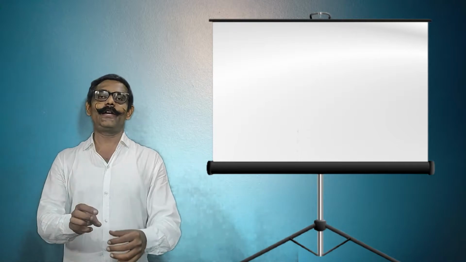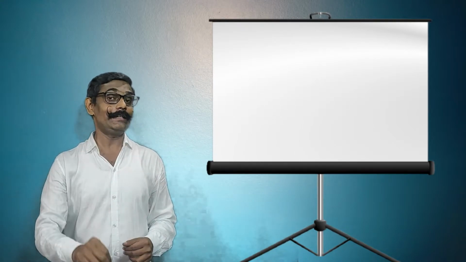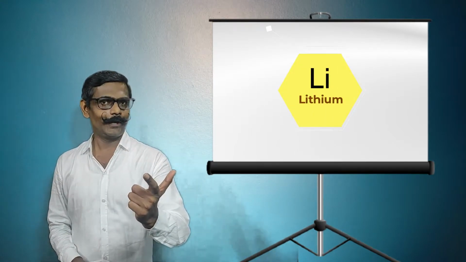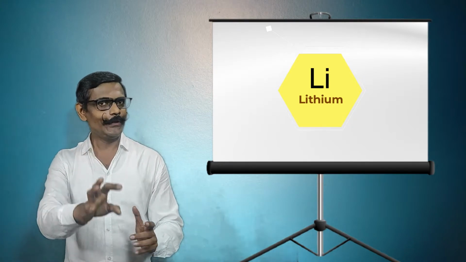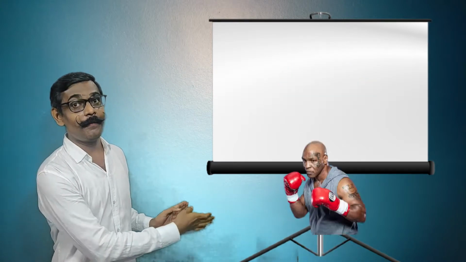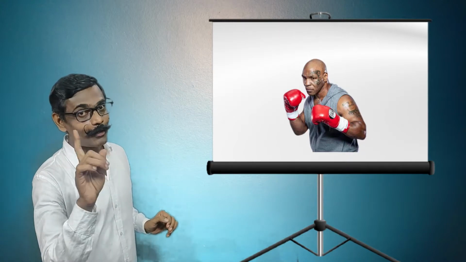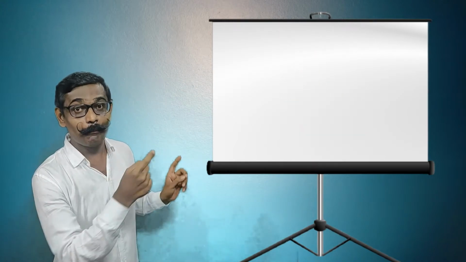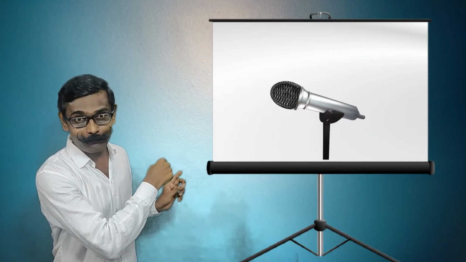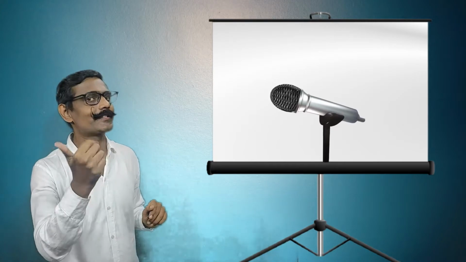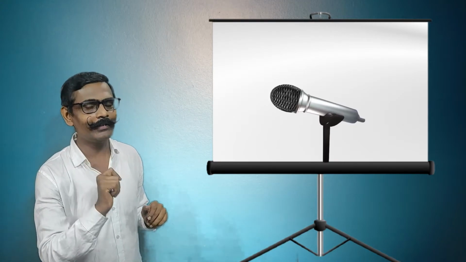Now the element with atomic number 3 is lithium. And for number 3, you have to imagine mike, not Mike Tyson. Mike is a non-living thing and that we want for the atomic number. And Mike Tyson is a living thing. Are you getting it?